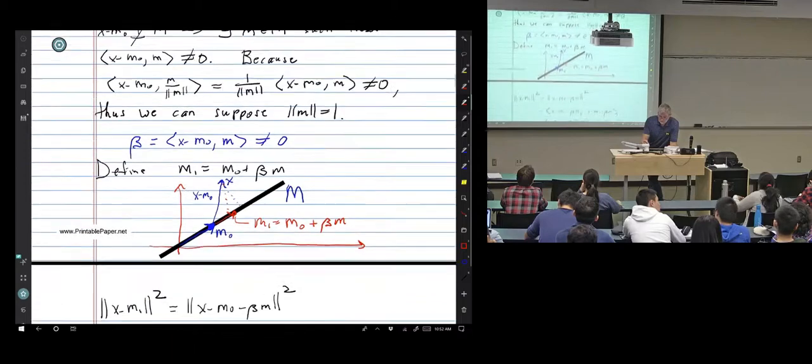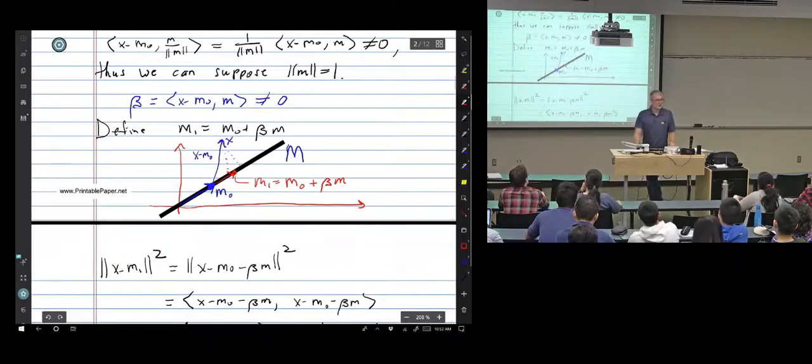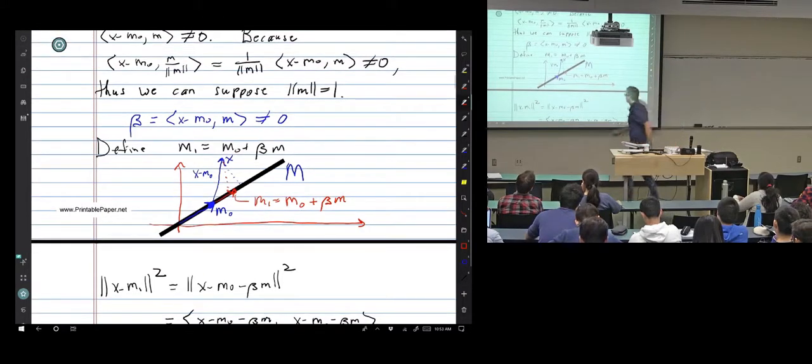Well, the question is, how do I know I'm getting closer or farther away when I move in this direction, right? I mean, this thing could have shot way over here, okay? It could have been pointing in this direction and ended up way over here, right?